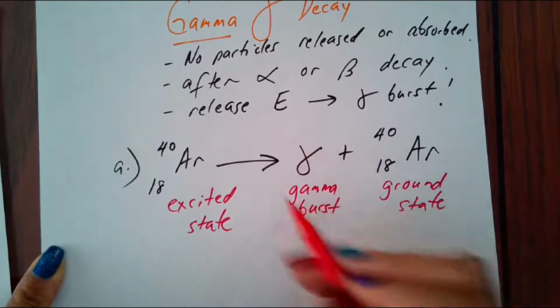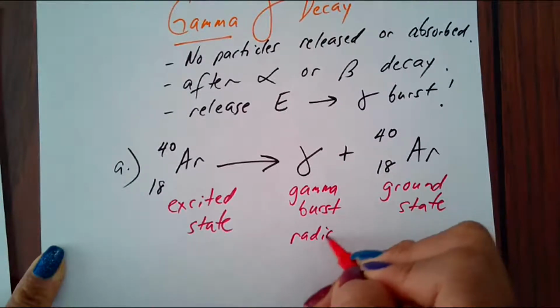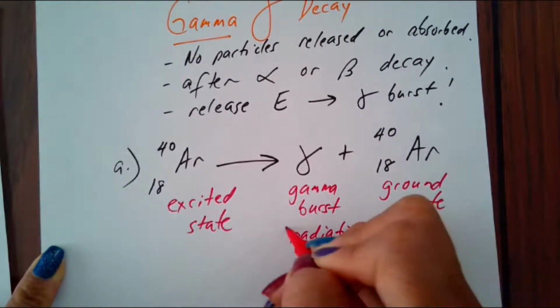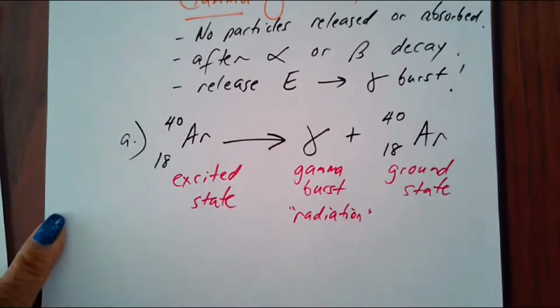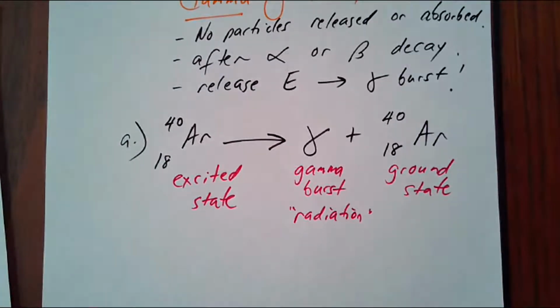So this is the gamma radiation that is produced. It is a very high energy, high frequency radiation, and it is used in medical physics and a lot of other technology that requires a lot of energy released.